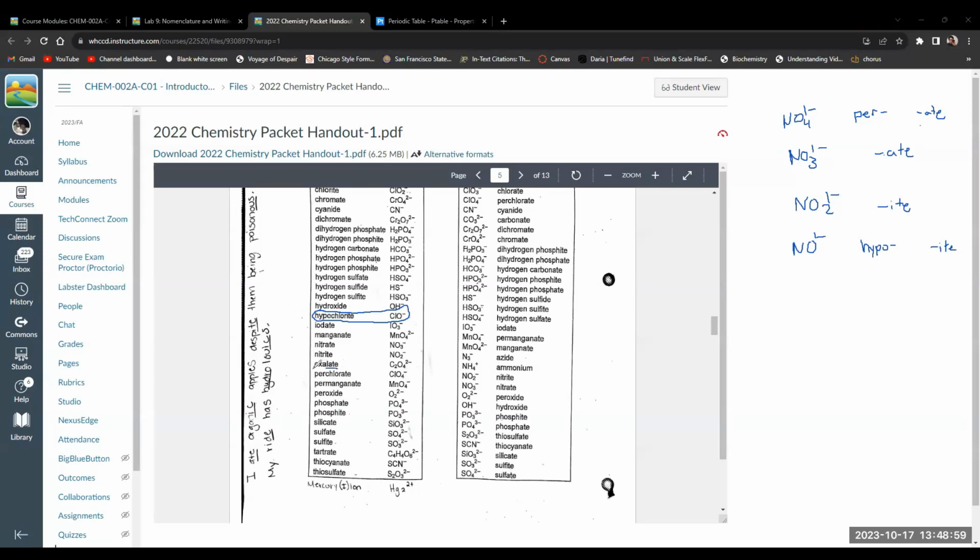Perchlorate has four. So we can see that ClO2 minus would just be chlorite. And this one would just be chlorate.